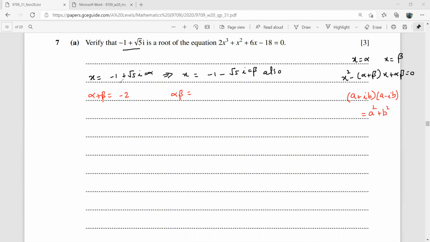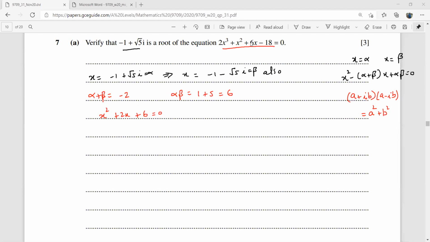So this is minus 1 plus under root 5 iota, and this is going to give us 1 plus 5, and that is equal to 6. You see how easily we get to the quadratic factor of this. The quadratic factor is going to be x squared plus 2x plus 6. This is the equation which has these two roots.